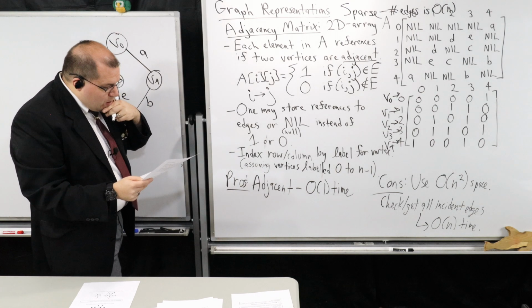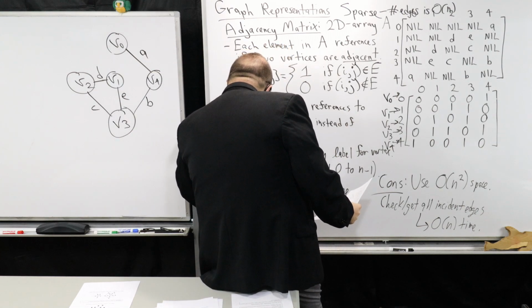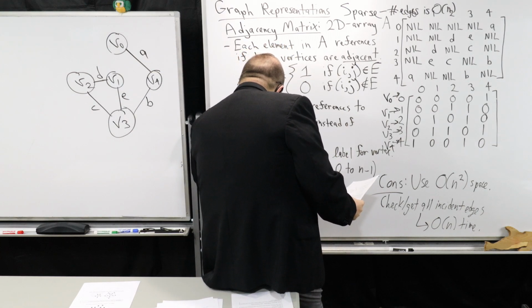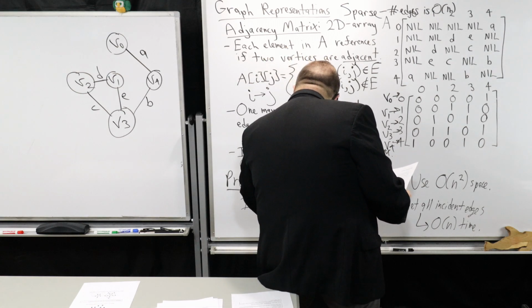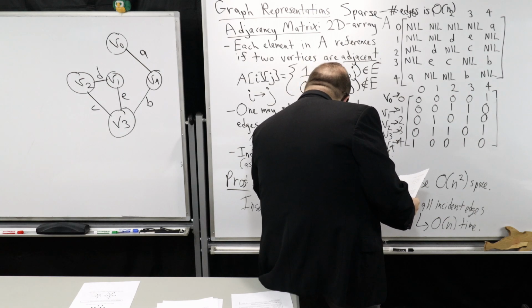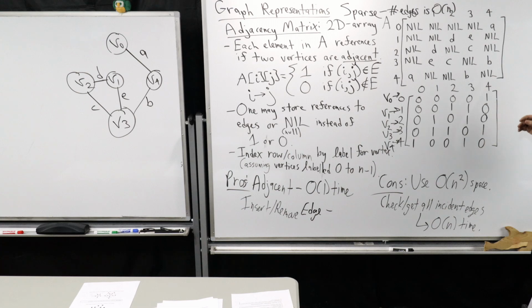One other neat thing is if you ever want to insert or remove an edge. Can somebody think of how I can insert or remove an edge using an adjacency matrix?